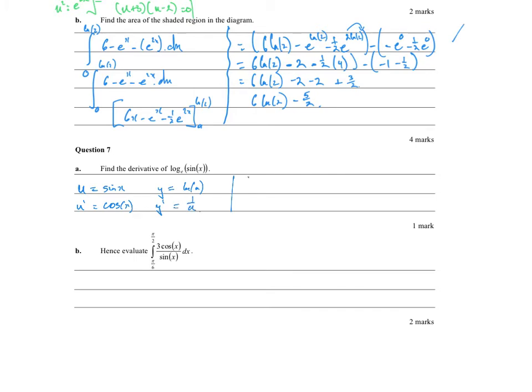So then dy dx is equal to, what is dy dx equal to? 1 on u times cos x, which is equal to cos x on sine x.